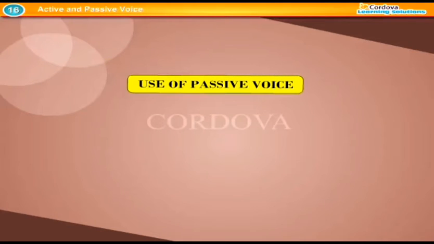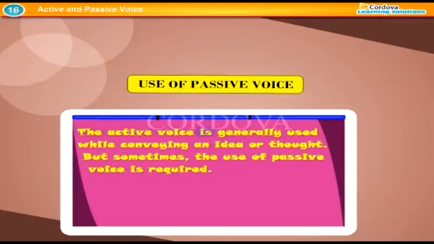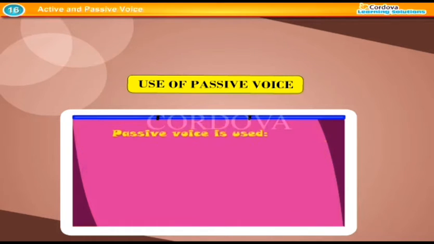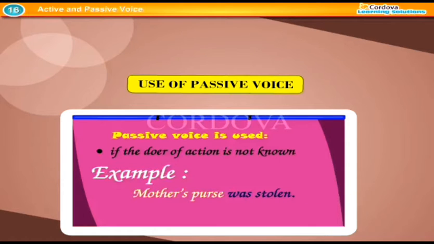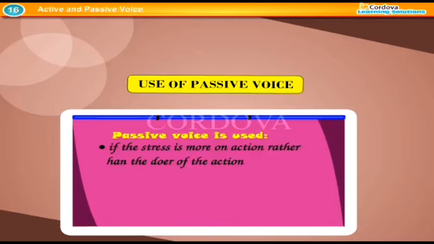Use of passive voice. The active voice is generally used while conveying an idea or thought. But sometimes the use of passive voice is required. Passive voice is used if the doer of an action is not known. For example, Mother's purse was stolen. Who stole the purse is not known.